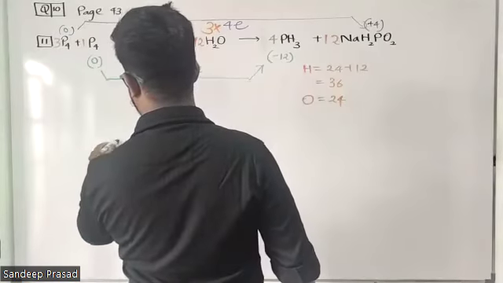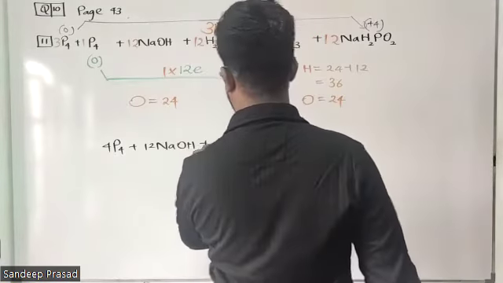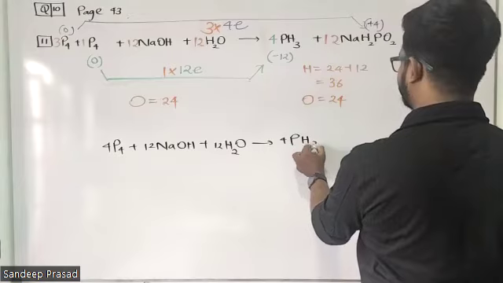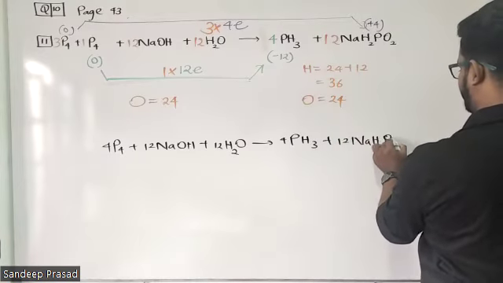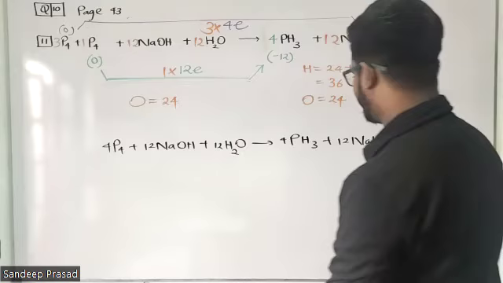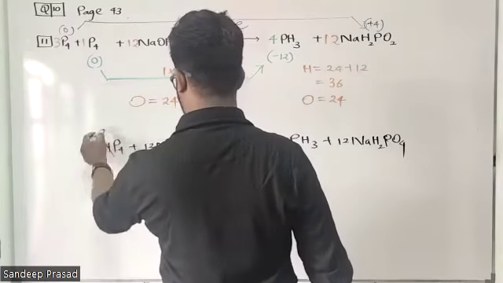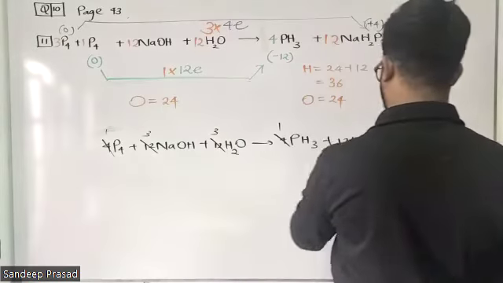Four P4, 12 sodium hydroxide, 12 H2O, 4 phosphine, 12 NaH2PO2. So you can see that all the coefficients are divisible by 4. 1, 3, 3, 1, 3.